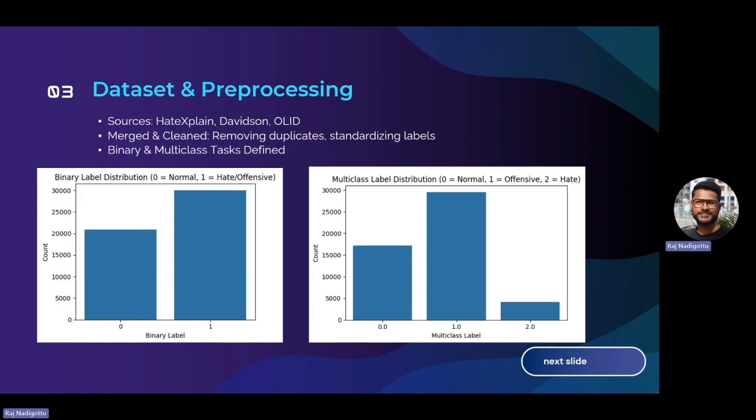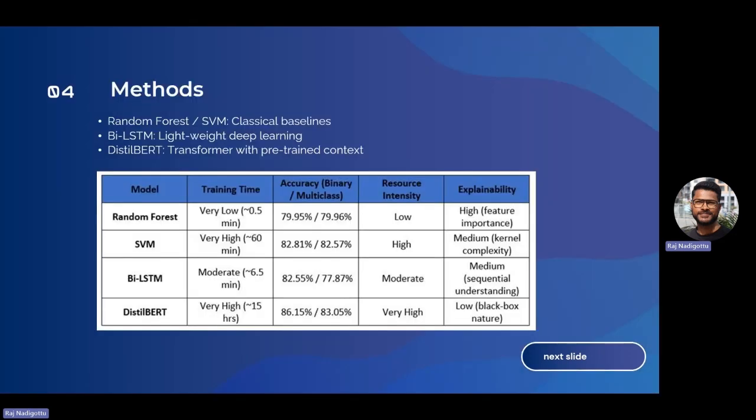It has two labels, hate and non-hate, which is normal versus hate or offensive. Another one is multi-class. It has three labels: normal, offensive, and hate. By making these two different datasets, we can have a comparative study across different problem complexities.